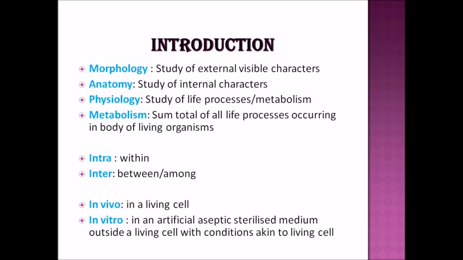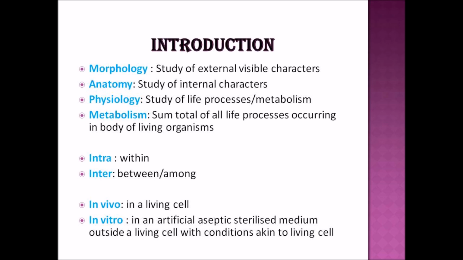First comes morphology. Morphology is defined as the study of external, visible characters. Anatomy, on the other hand, is defined as the study of internal characters. For instance, let us take a plant. In a plant, the study of the venation of a leaf, the floral appendages of a flower, the types of fruit, constitute the study of morphology.